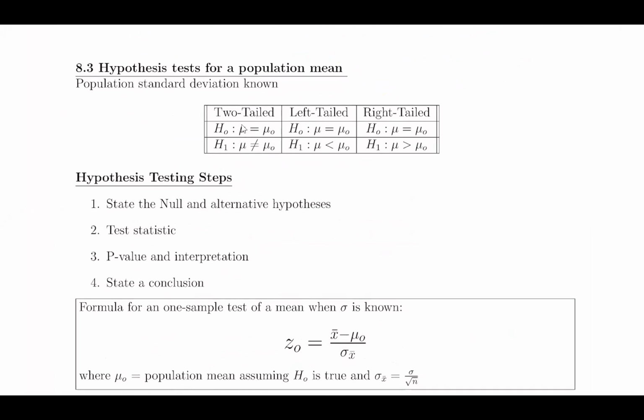So instead of putting p, we're going to be putting mu. So we're going to say mu is equal to whatever they're claiming. So mu naught is their claim. So if you look at the null hypothesis, all of them are the same. It will always say mu is equal to the claim. So whatever the claim is, we're always going to say they're equal to each other.